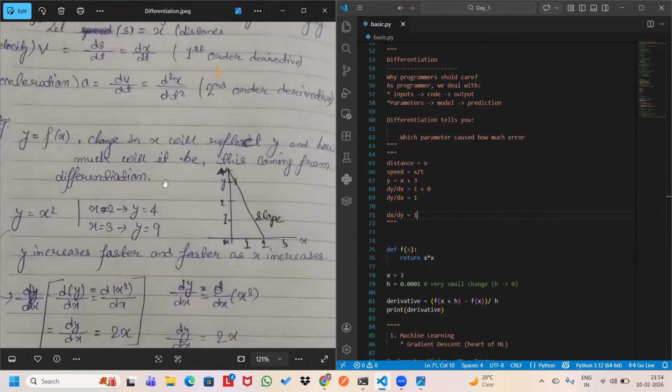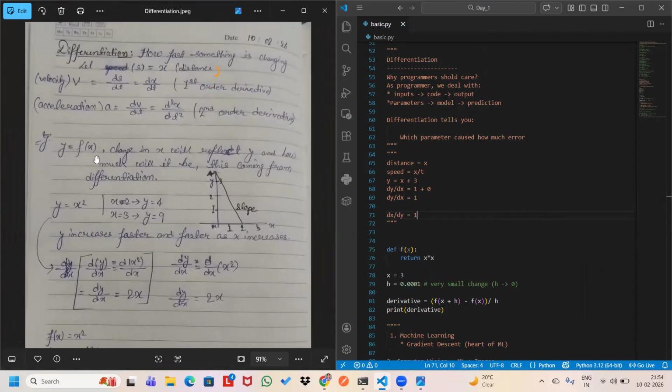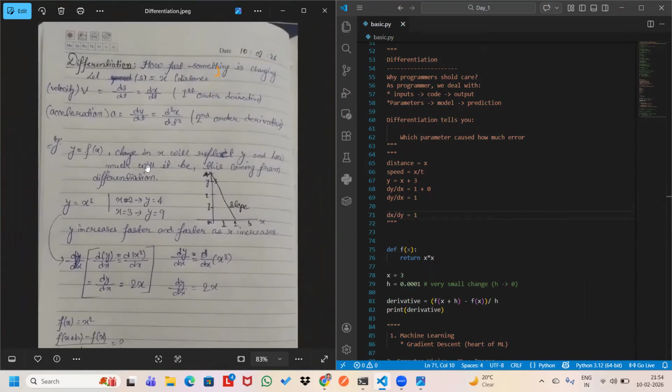Over here you can see that I have written y equals to a function of x. Suppose you are given the value of x as 2. Suppose this is my question, y equals to x square, and I put the value of x as 2, then the value of y would be 4.